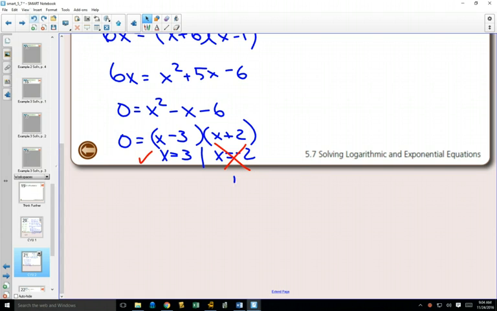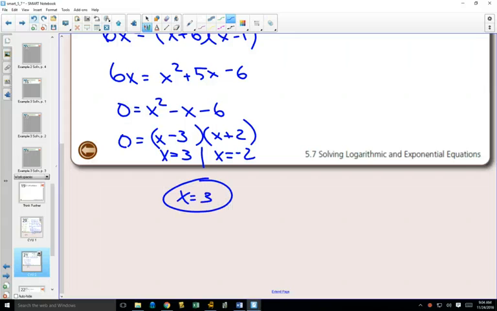They don't want you to go, just a check mark on one. Did you forget to check the other one? They're not sure. They don't want you to go, I wrote my both answers there. I did it in my head, only x equals 3 works. They want you to be really explicit to show this one is not possible.